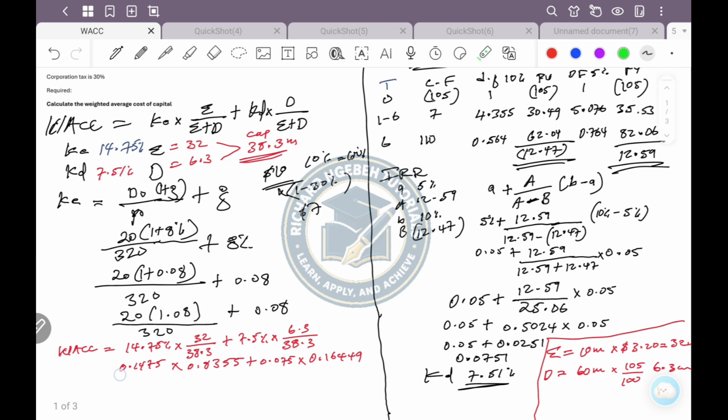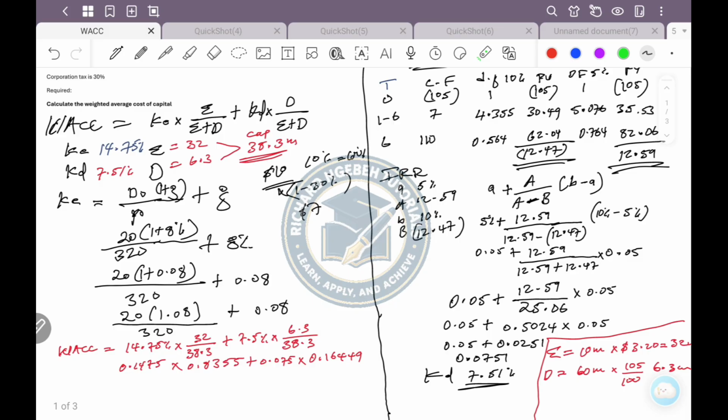Remember, you are at this point. What you need to do, don't forget, you do this first. You have the sum here. You do this second. You have the sum here. Then you can add both of them. Then that will be your WACC. Please remember that.